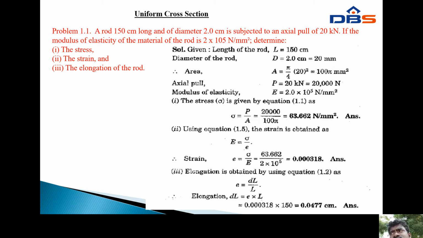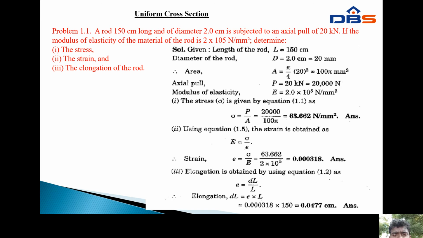Newton per mm square cancels, so we get the strain value 0.000318. Strain has no units, because stress units are Newton per mm square and Young's modulus units are Newton per mm square, and they cancel.